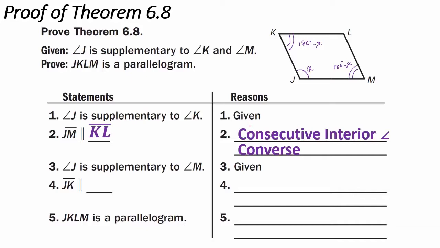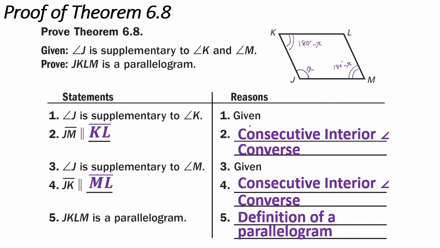And then knowing that angle J is supplementary to angle M, which is what we're given, then using the consecutive interior angles converse, line segment JK is parallel to line segment ML. Since we have opposite pairs of line segments that are parallel to each other, using the definition of a parallelogram, we can say that JKLM is a parallelogram.